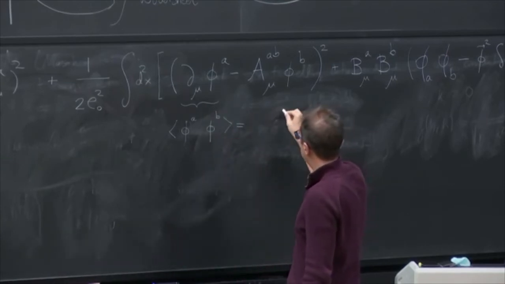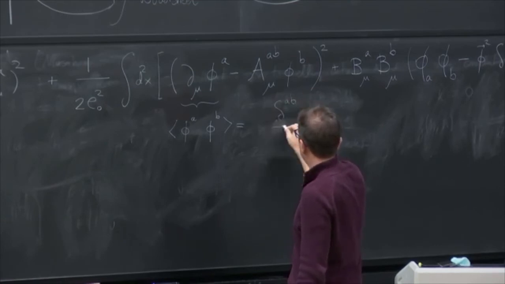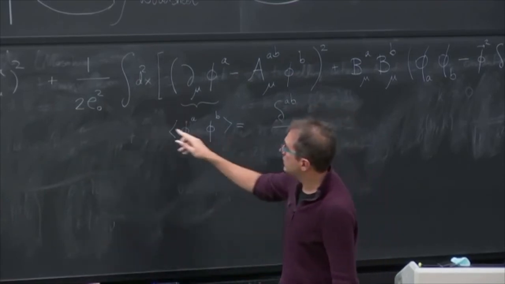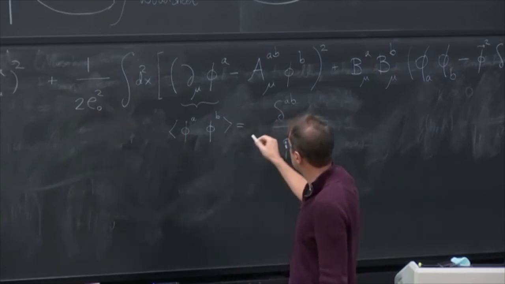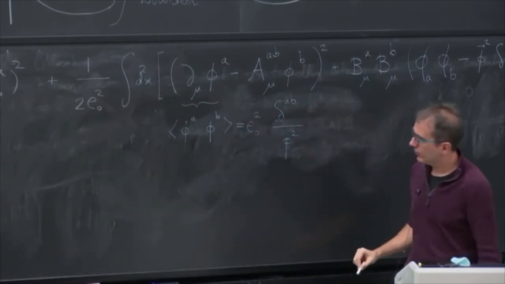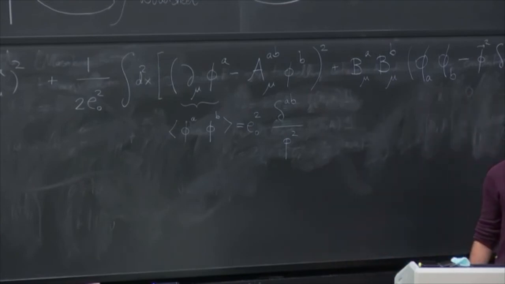It is just delta AB over p square. I'm doing now momentum space. And because it comes multiplied by this 2 E0 square, there is some E0 square here. That's the propagator for this fast mode.